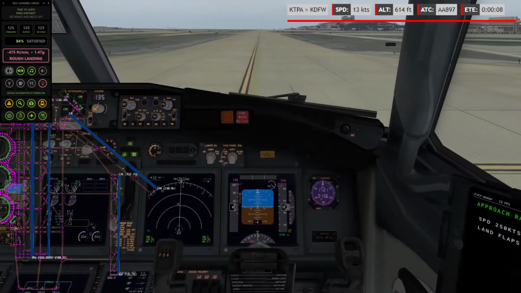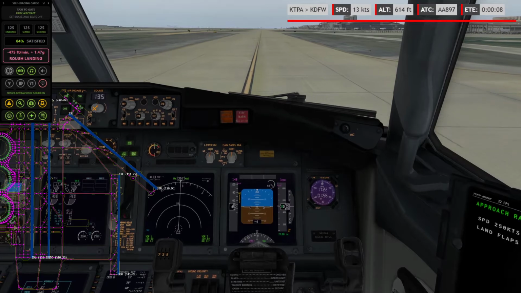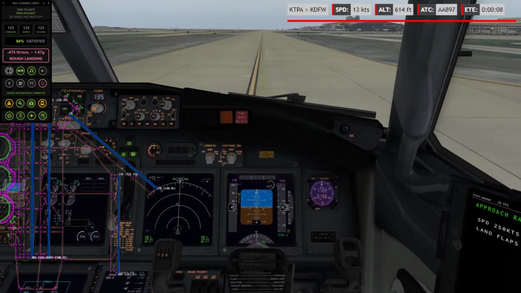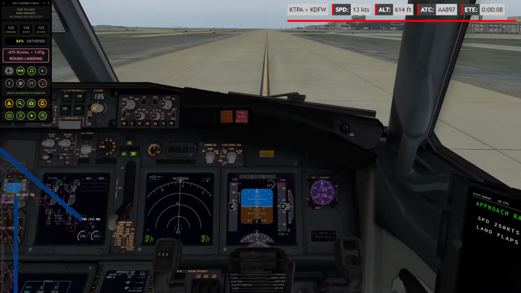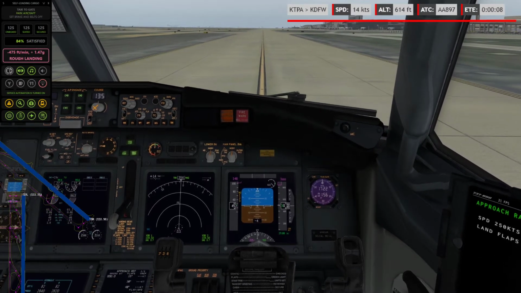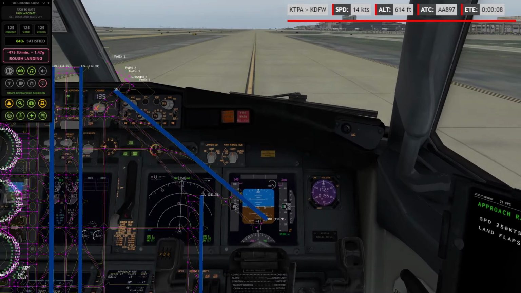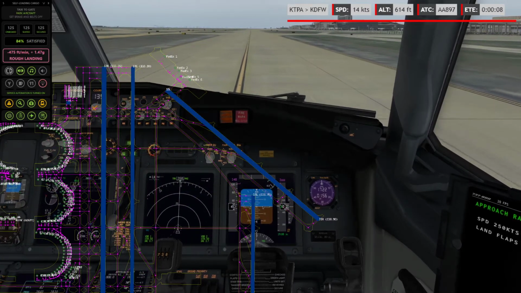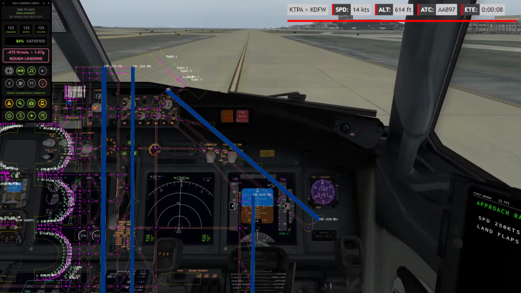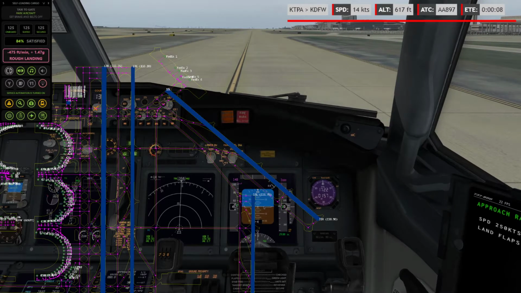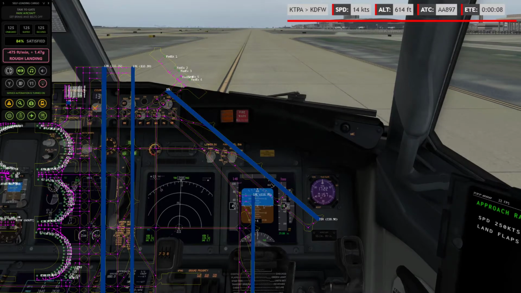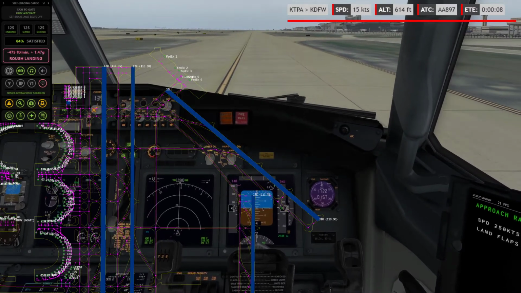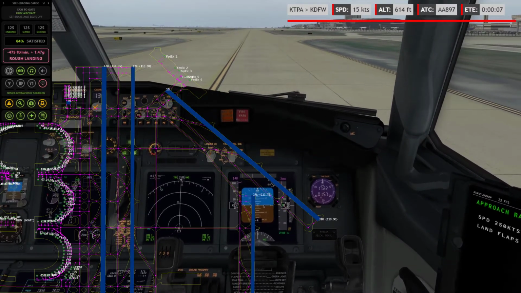Alright, Bravo 6. I am not sure which one it is, so let's see if I can find out over here. Let's have a look. Bravo 6. Alright, so we have to go in. It's sort of on the inside. So that is a-okay. We can do that.